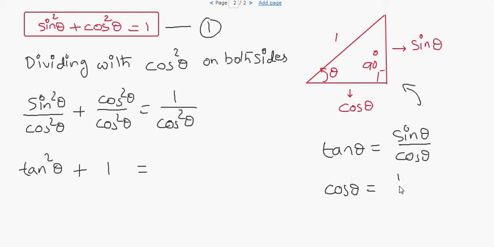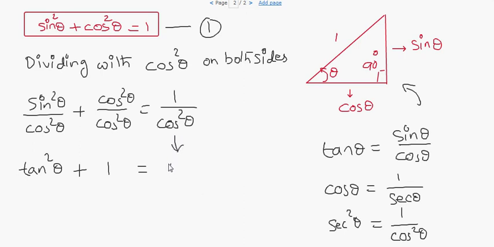And now we also know that cos theta is the reciprocal of secant theta, or vice versa. So now cos squared theta is 1 over secant squared theta, or secant squared theta is equal to 1 over cos squared theta.